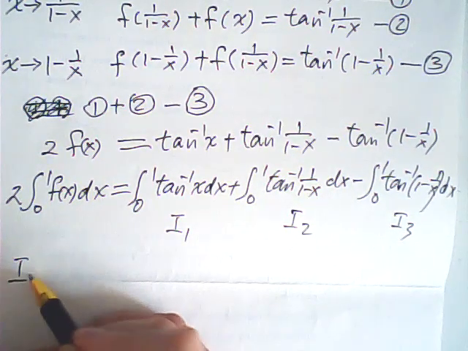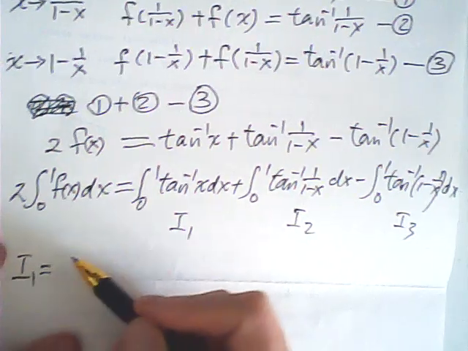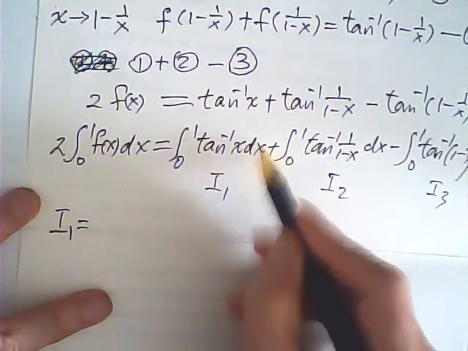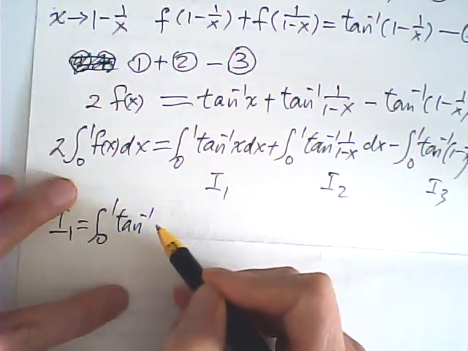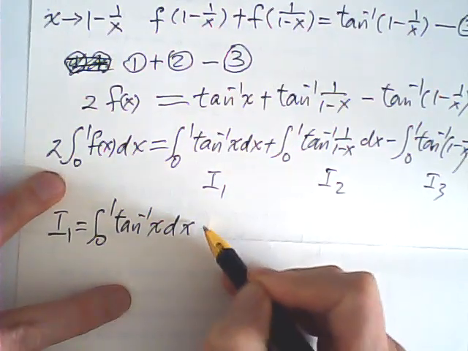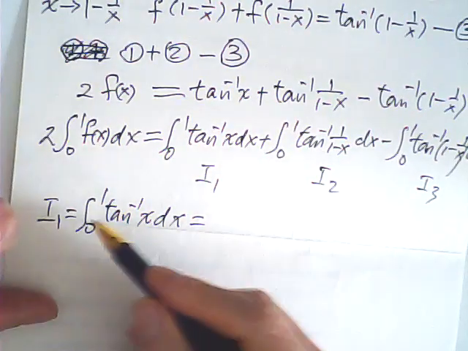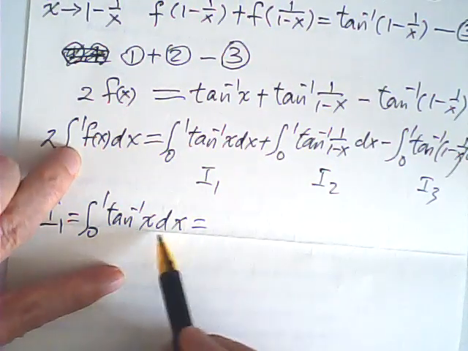And I1 is equal to the integral from 0 to 1 of arctangent x dx. Of course, we are using integration by parts. This is u, this is dv.